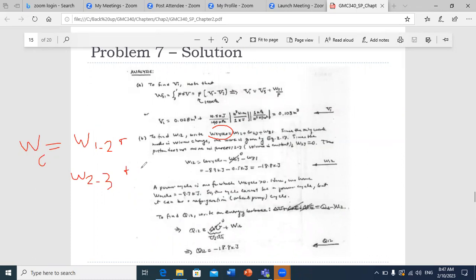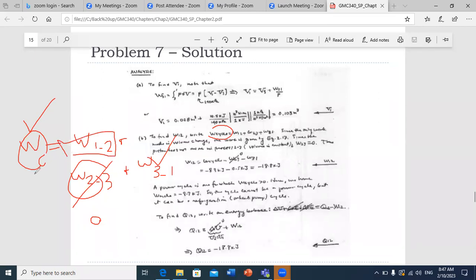And just pay attention, please, to the signs. Here, W cycle is given, and W31 is also given, so we just have to replace them. For the constant volume process, W from 2 to 3, we have no work. So the only unknown in this equation will be the work from 1 to 2.